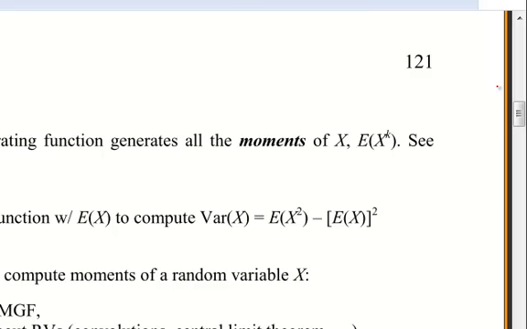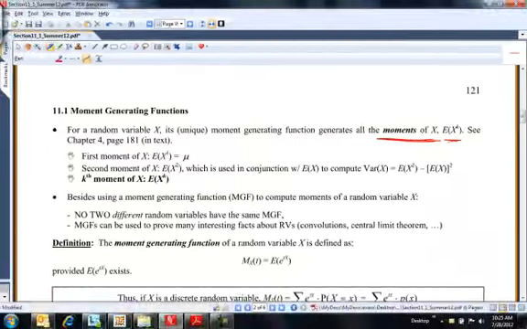So when we talk about moments of a random variable, that's just the expected value of x raised to the kth power, where k is the moment I'm trying to determine. So the first moment is just the expected value of x to the 1, which you already know is the definition of the mean mu.